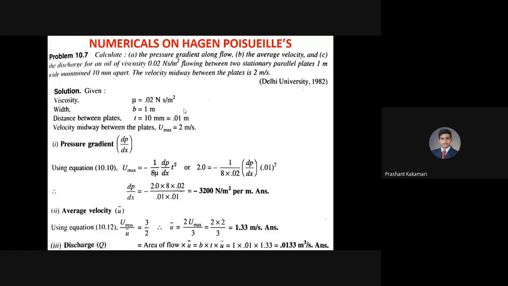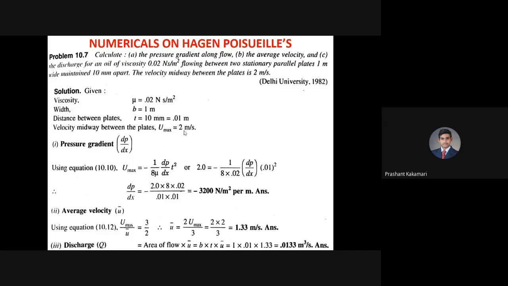So now we'll list once again the given data, whether they are in SI units or not. Viscosity is in SI unit, 0.02. Width is given in meters, 1 meter. Distance between the plates is given in mm, so they have converted it to meters. Next, the central velocity is the maximum velocity, Umax, which is 2 meter per second.